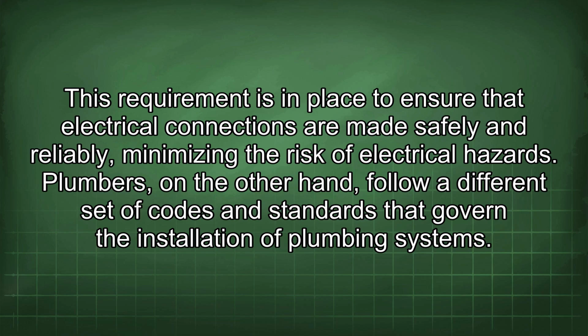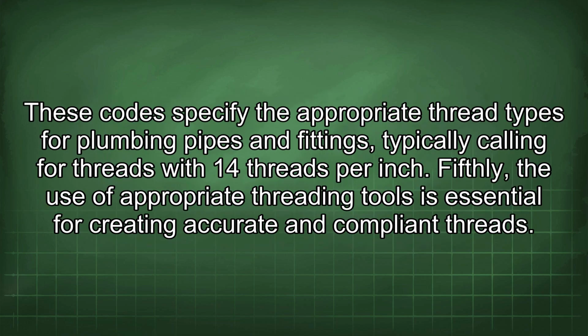This requirement is in place to ensure that electrical connections are made safely and reliably, minimizing the risk of electrical hazards. Plumbers, on the other hand, follow a different set of codes and standards that govern the installation of plumbing systems. These codes specify the appropriate thread types for plumbing pipes and fittings, typically calling for threads with 14 threads per inch.